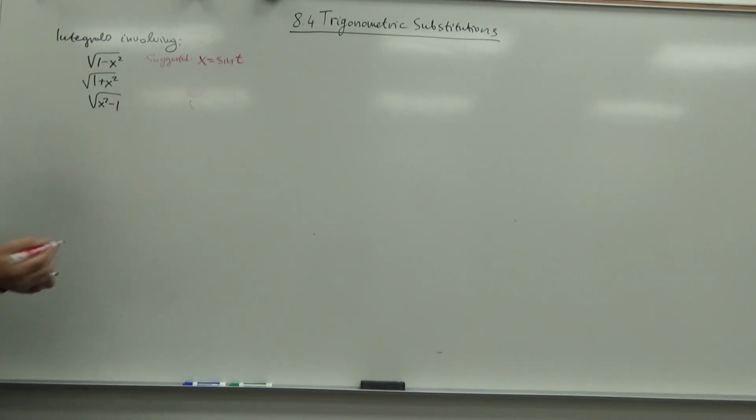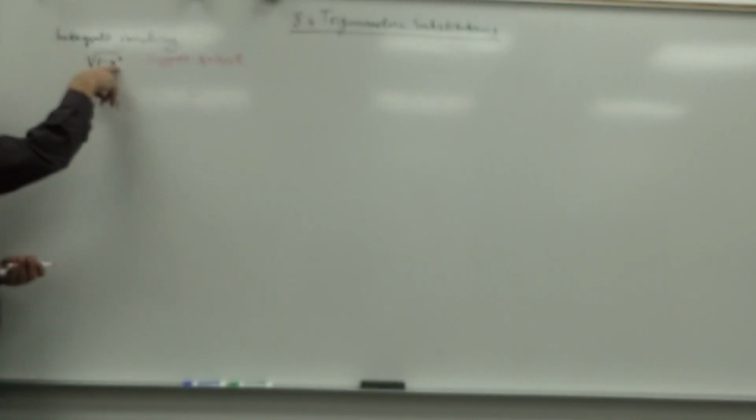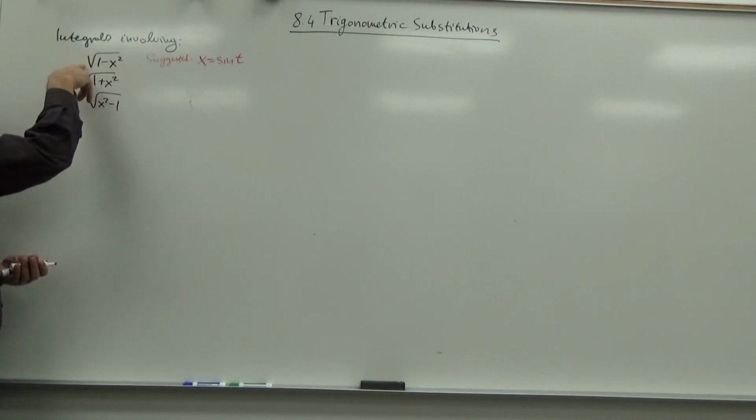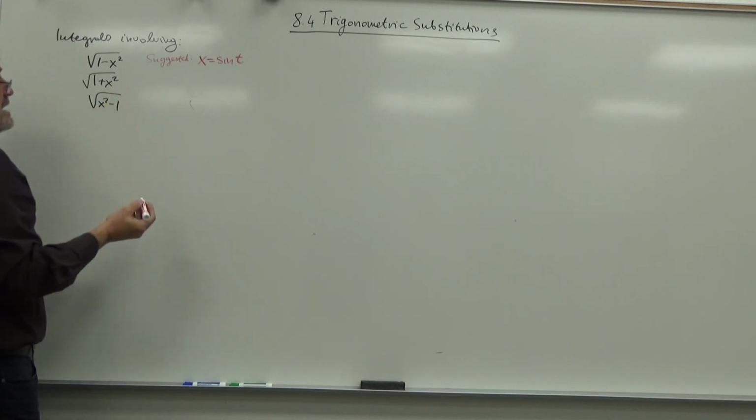Why is that a reasonable substitution? You will see that from our work, but the main idea is when you plug in sine t, then 1 minus sine squared t would be cosine squared t, and then you can take the square root quite nicely. So that helps us eliminate the square root.